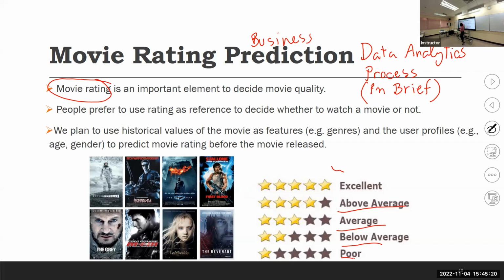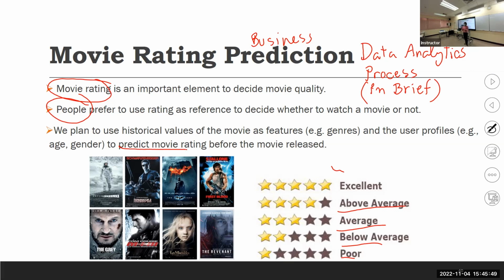When you decide what to watch on Netflix, you may look at the rating score to determine whether you want to watch that movie or not. What we want to do is predict the rating of a movie we want to produce and release.